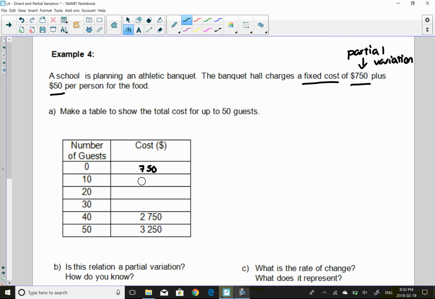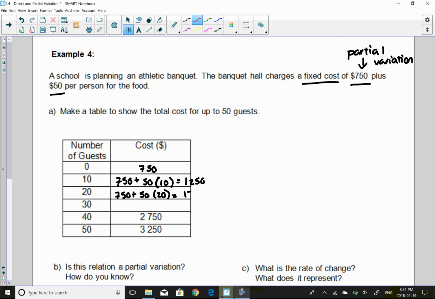So I'm going to add 50 here. 10 guests, so 10 times 50. So I get 750 plus $50 per person times the number that's there. That's 500. So I get 750 plus 500. So that's 1250. Then I would do 750 plus 50 times 20.